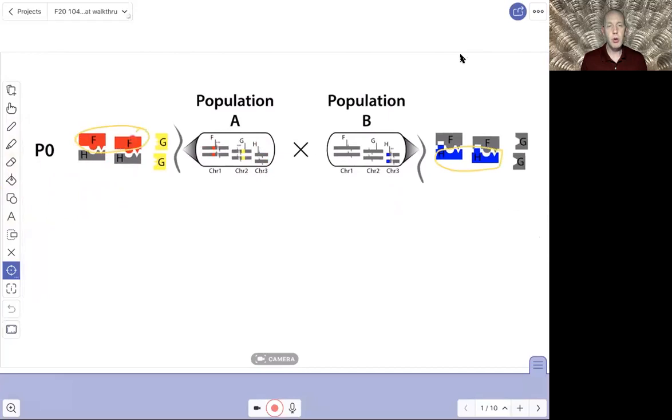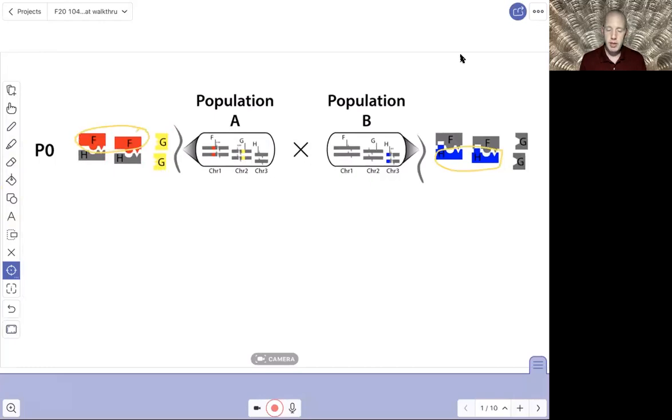So these 2 proteins can work functionally together within the context of population A's genotype. And gene G, which produces protein G, has no role in this process. So this is going to be an example of a neutral mutation, the yellow mutation.